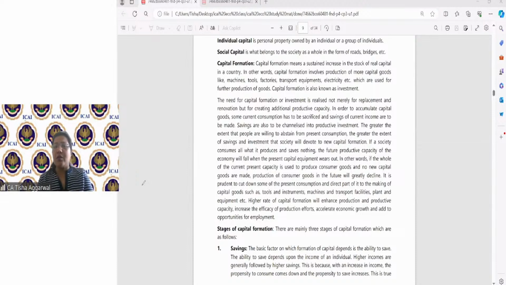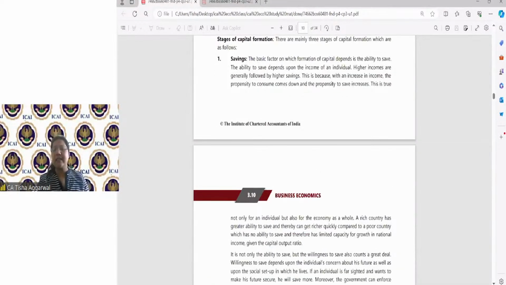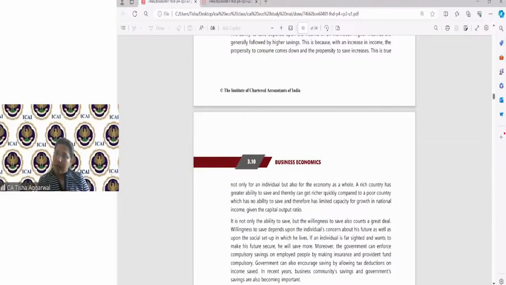Okay, so first, let's understand the stages of capital formation. The first one is saving. What is saving? I get 100 rupees as income. I utilize some and keep 30 rupees separate to be used for a rainy day. That is what is known as saving. Even if you have a family from the business class or service class, whichever category your parents work in, do they spend whatever they earn?